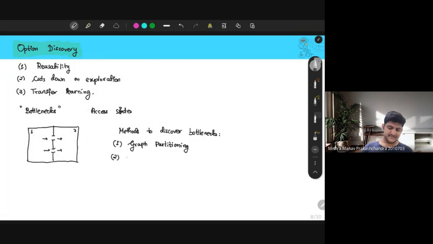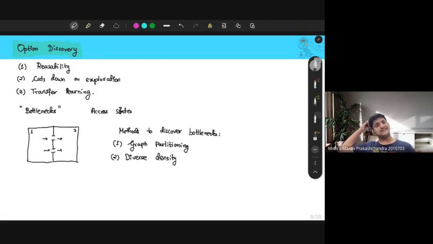The second method is known as the diverse density method. What happens in diverse density is you have the MDP, and you start drawing random simulation samples. You recollect the idea of using an experience replay buffer. So you sample a lot of trajectories and maintain them.